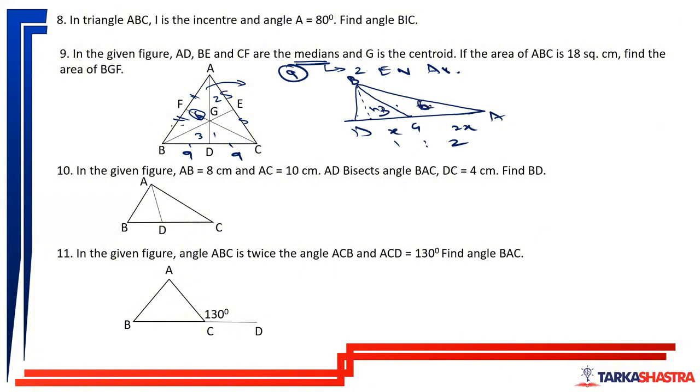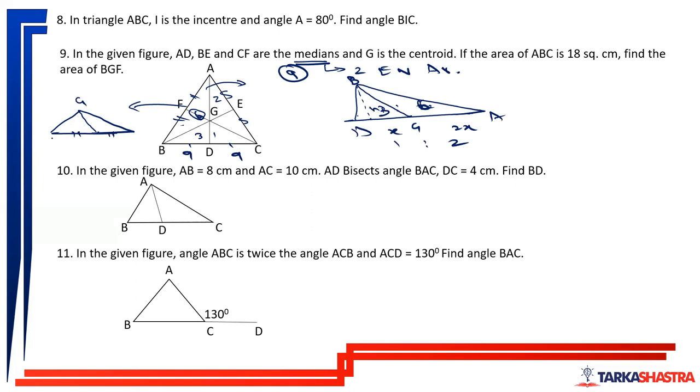Now consider BGF and FGA. BGF and FGA are two equal triangles. I am drawing this triangle and rotating it over here. F is the midpoint.